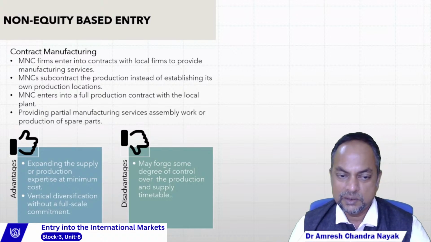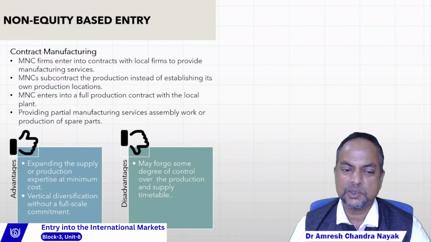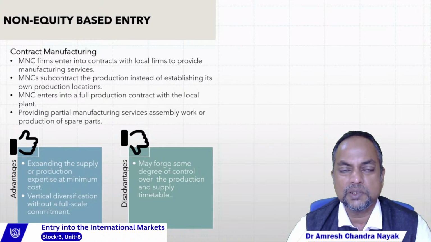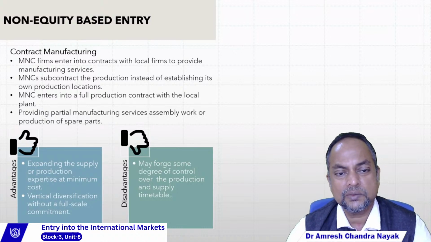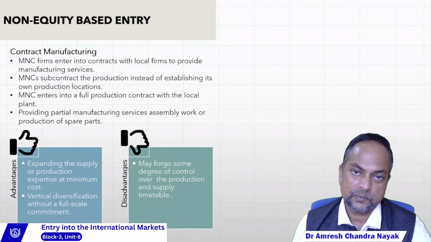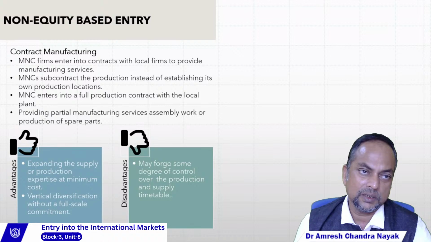That's all. Disadvantages: I lose the degree of control over the production and supply timetable itself, because I have completely outsourced it to the host country organization. So I have to be dependent on them, and it may not yield the result as I desire.